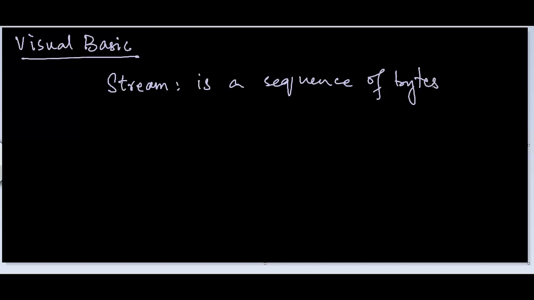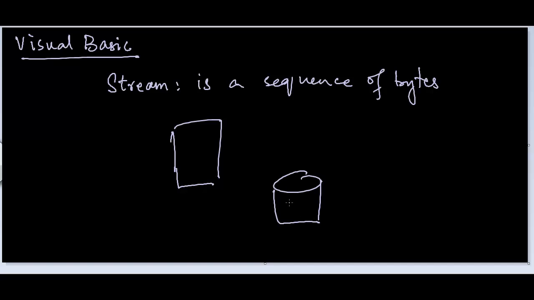In Visual Basic, when it comes to file processing, there is a very important concept which is called a stream. And a stream is basically a sequence of bytes. Okay. Now when you think of a stream, you should think in terms of some sort of a data flow that is associated with this sequence of bytes.